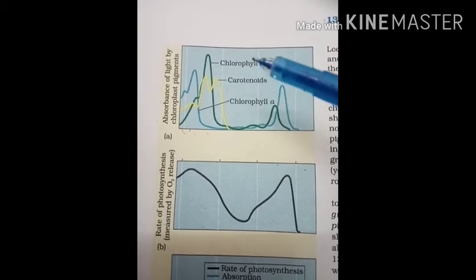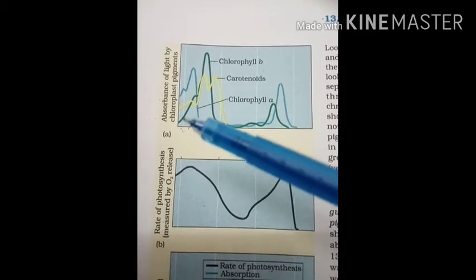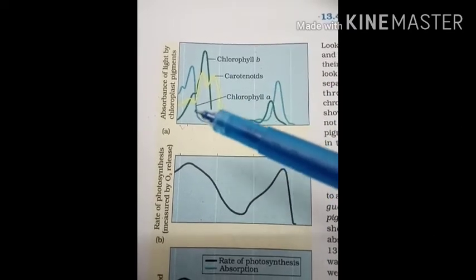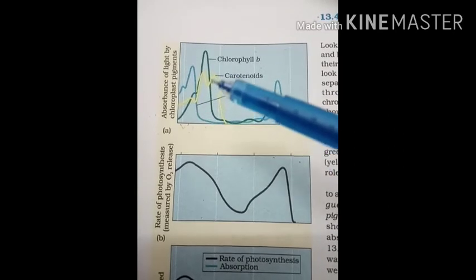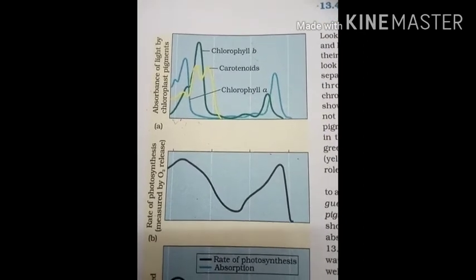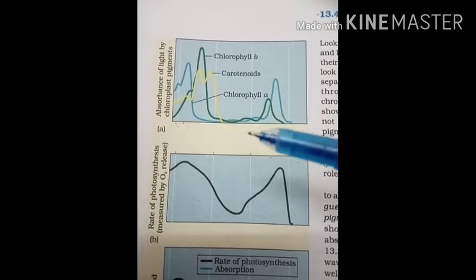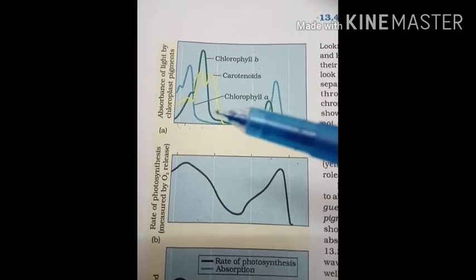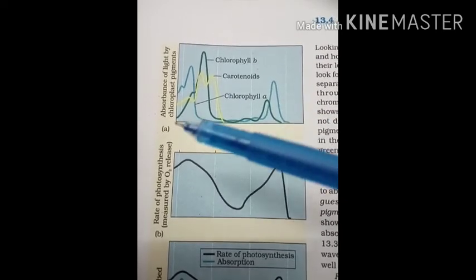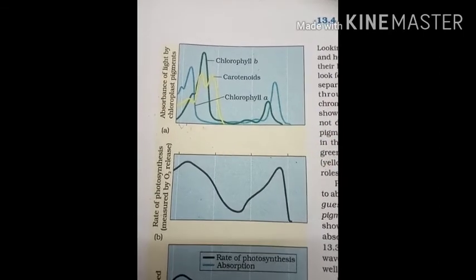For chlorophyll B, the absorption spectrum is somewhat shifted from that shown by chlorophyll A, whereas the carotenoids, shown by the yellow line, show two different peaks and then decline. This graph concludes that the chlorophyll A pigment has maximum absorption capacity at two different wavelengths of light, in the blue region and the red region.